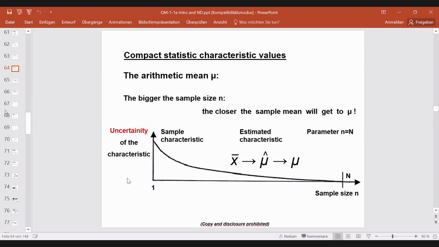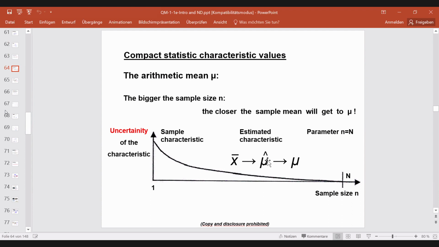And this means the bigger the sample size is, this small n, the closer the sample mean will get to mu, because a bigger sample size means you come nearer and nearer to the population size, the big N. So the bigger the sample, the more you come from x bar to mu, but in every case it is an estimation.